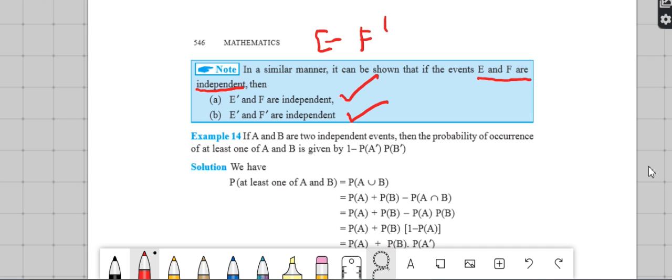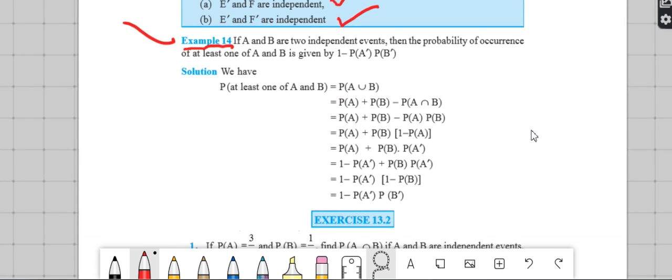Alright, here one proof is given in the form of example 14, so kindly go through it, and in the next lecture we will start exercise number 13.2.